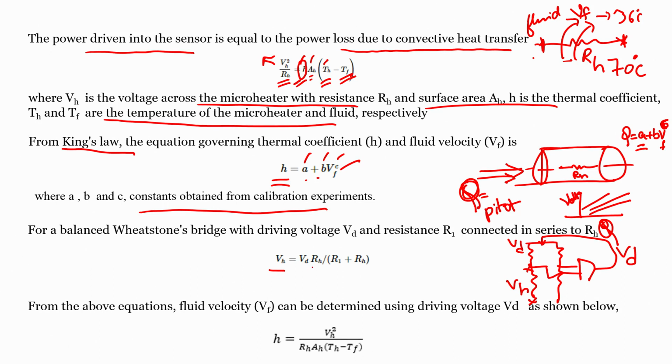From the voltage divider circuit you can conclude that VH is VD times the resistance of the heater RH, divided by R1, the resistance of the other branch, plus RH.